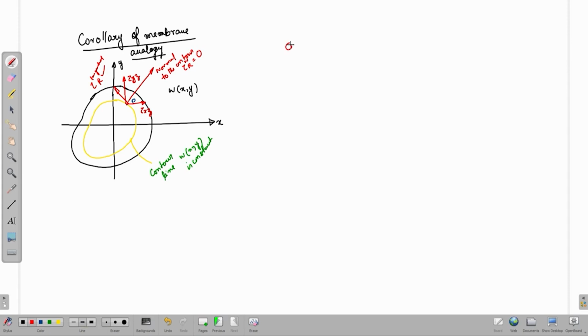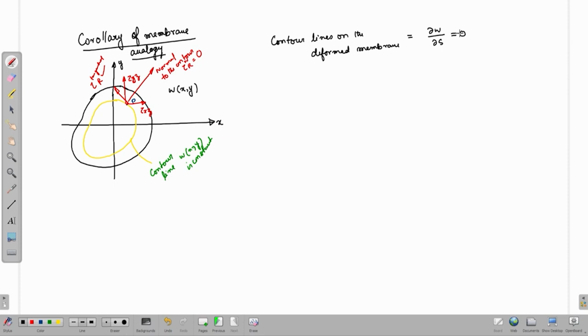Now, for a contour line, the first thing that I need to write down is that on the contour lines of the deformed membrane, del W by del S is going to be 0. W is constant along the contour line, S is the tangential coordinate.